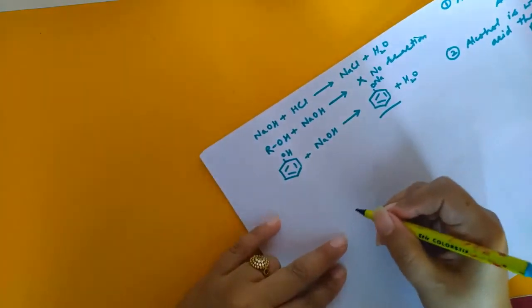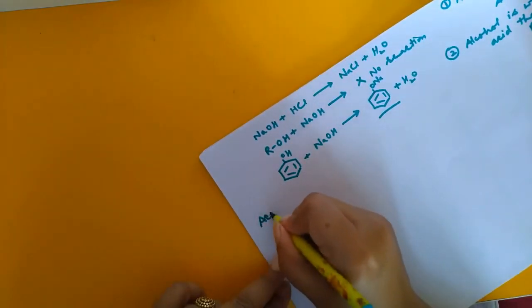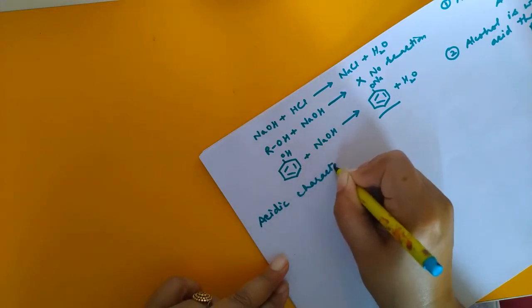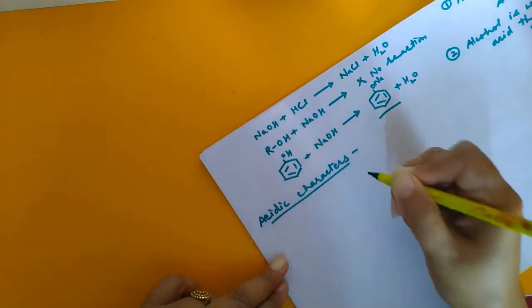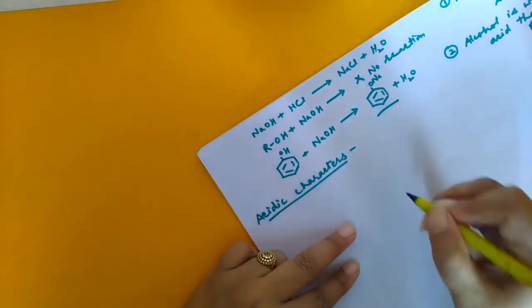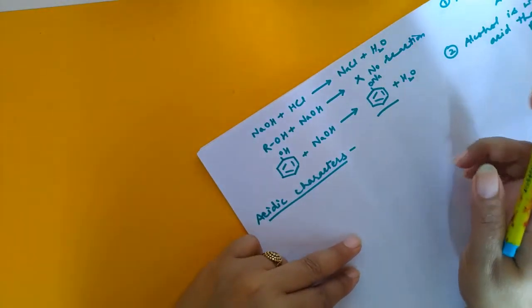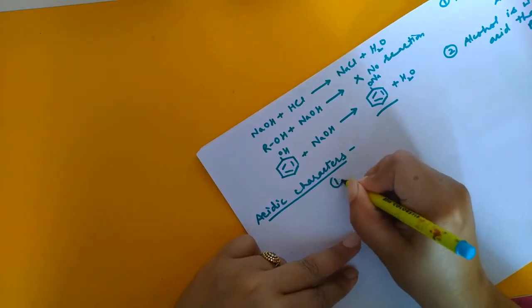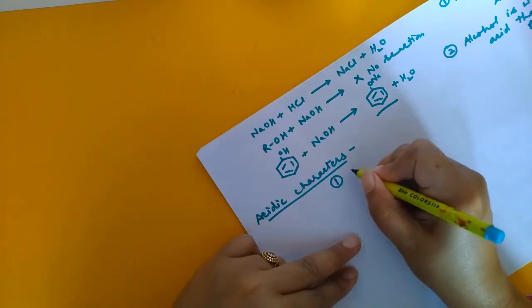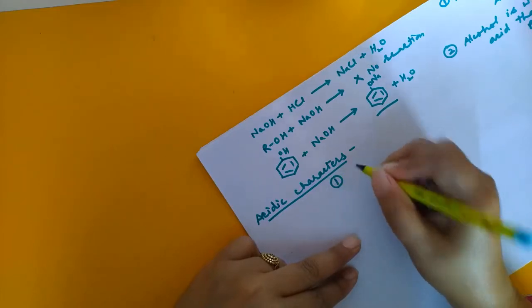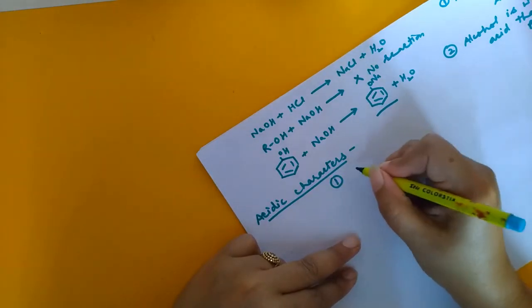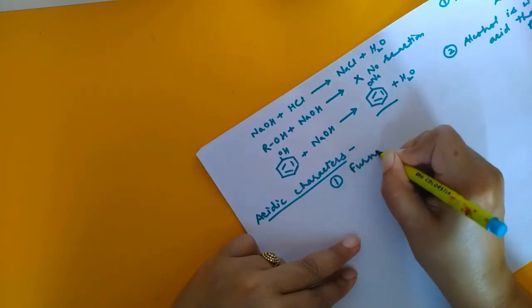Now how can we explain the acidic behavior or acidic character of alcohols as well as phenols? That we will discuss here. This is very, very important. Before discussing the acidic character of alcohols and phenols in particular, I just want to discuss the two criteria for any acid to be an acid. One is that the acidic strength of any acid, or whether a compound is acidic or not, depends upon the furnishing of hydrogen ion.